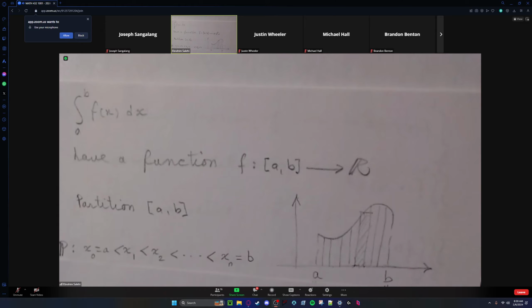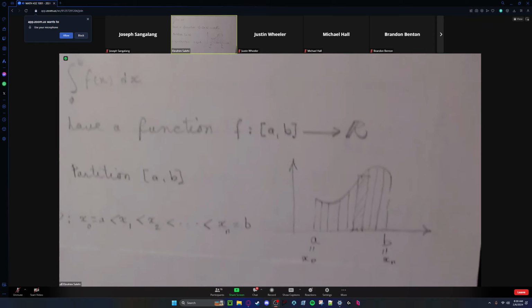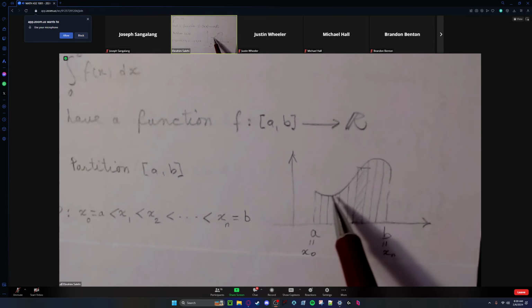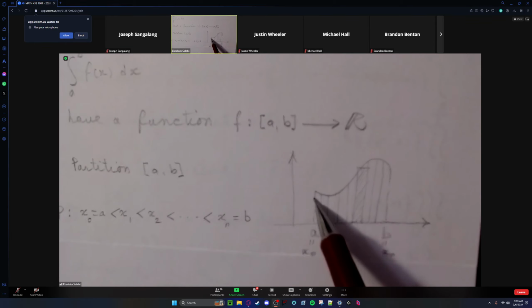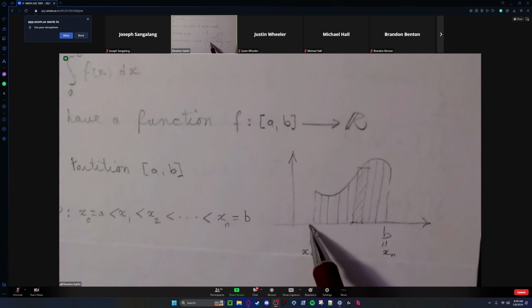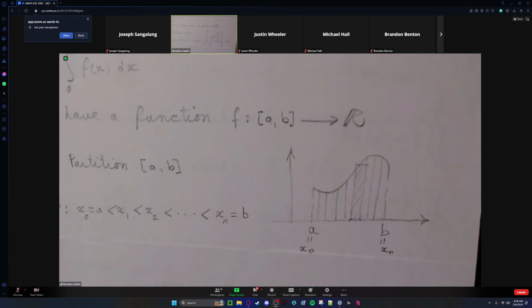Well, as I said, geometrically, it means the area under this curve bounded by this interval AB. So the first step in doing the integration, in all sorts of integration, right? I'm just concentrating on this one. You partition this interval.